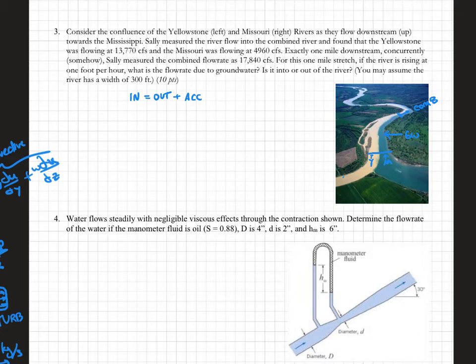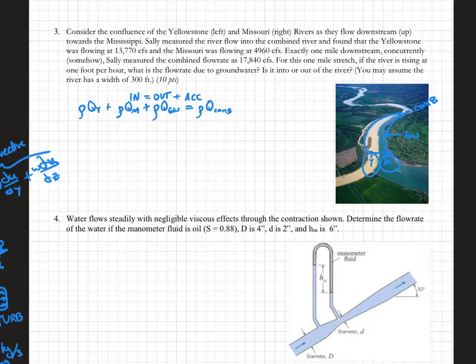So what's going in? Well, rho times Q of the Yellowstone is going in. That takes care of this arrow. Plus rho times Q Missouri is coming in to our control volume. So here's our control volume, right? Then we've got some groundwater, rho times Q GW. I'm assuming it's going in, so if I end up getting a negative number, that means it's going out. Equals out. Well, what's going out is the combined flow, so rho Q combined.